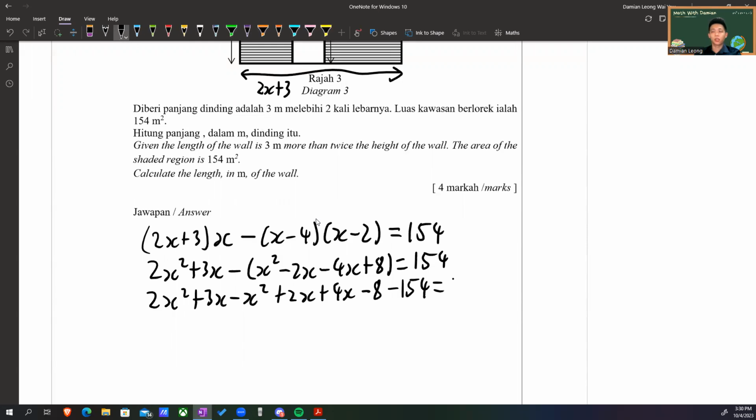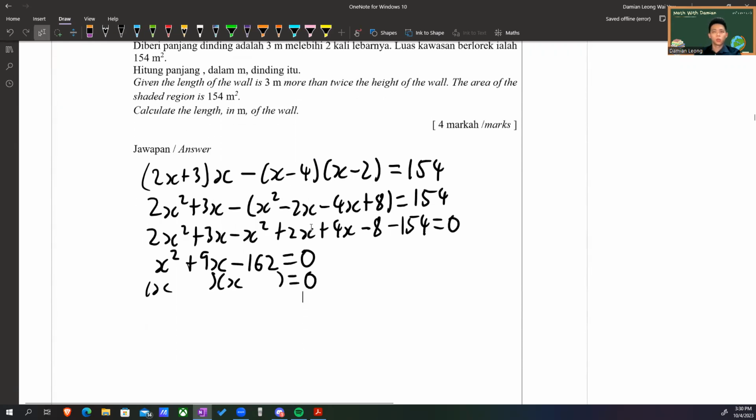Because it's quadratic, make it equal to 0. I want to put it in general form. So x squared plus 3x plus 2x plus 4x, so it will be plus 9x. And minus 8 minus 154 is minus 162 equals 0. Then I can factorize this. So let's see.